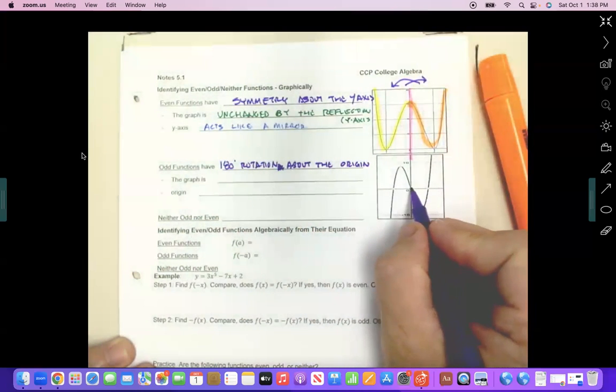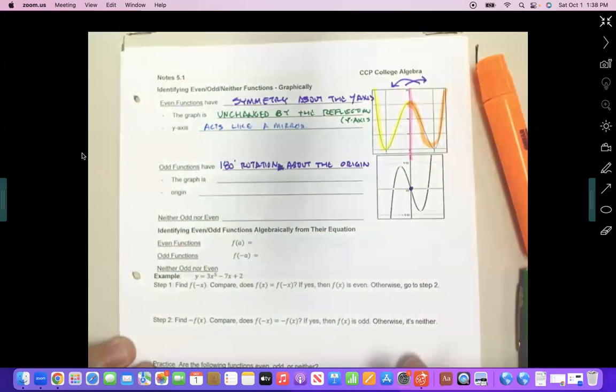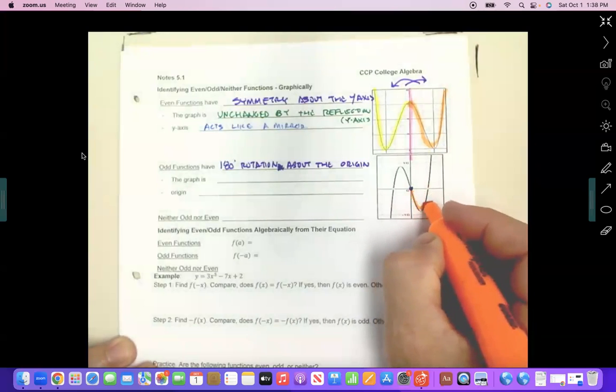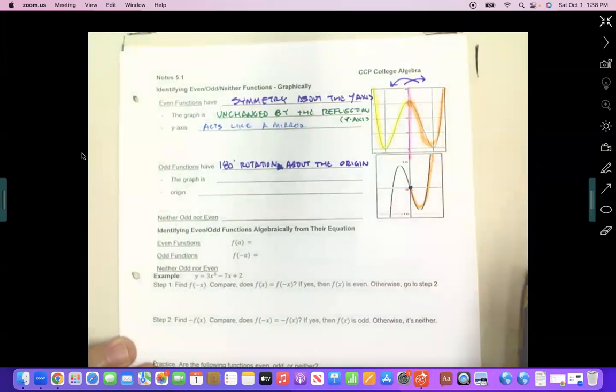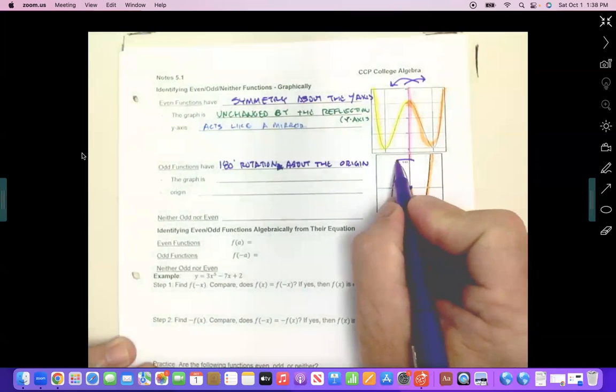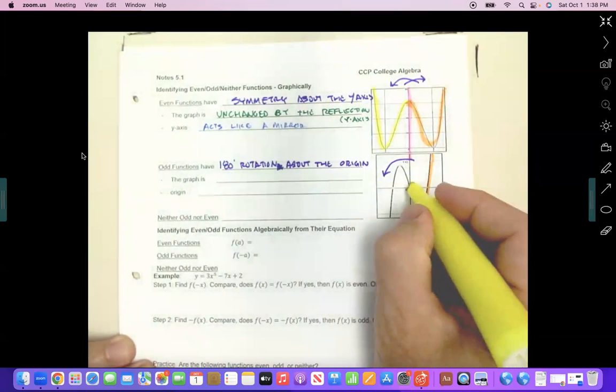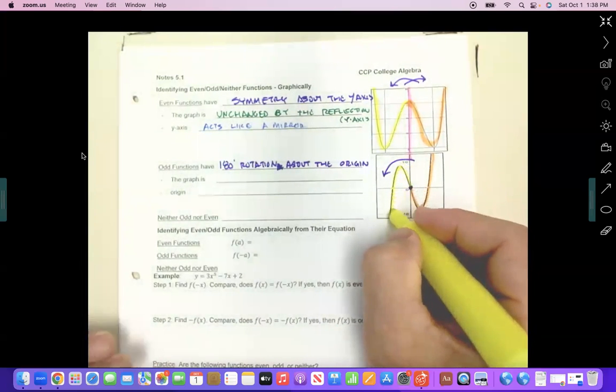This one is an odd function. You find the origin here, and you take this part of this graph and rotate it 180 degrees about the origin. That's going to be repeated over here on this side with no difference.